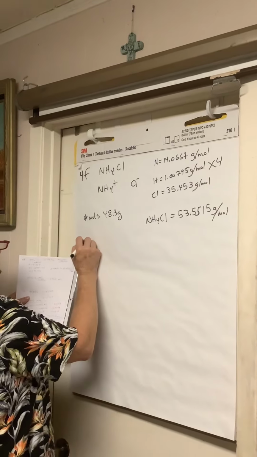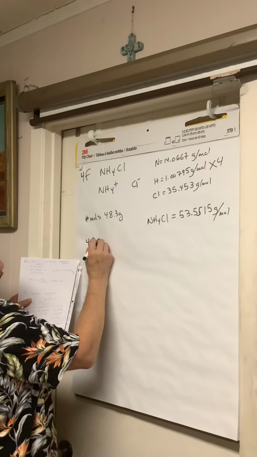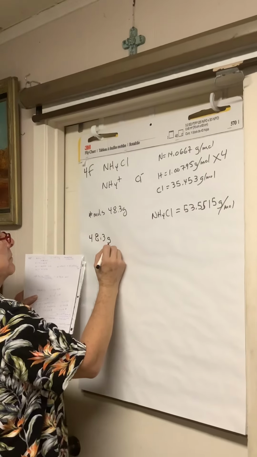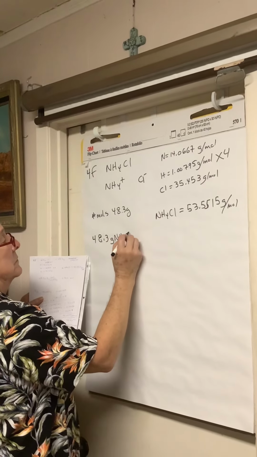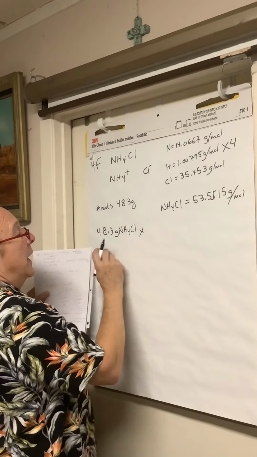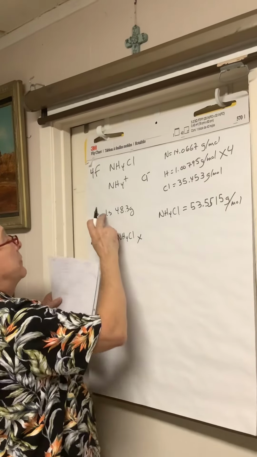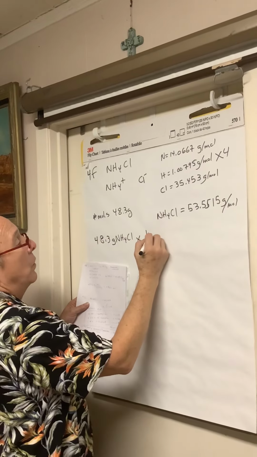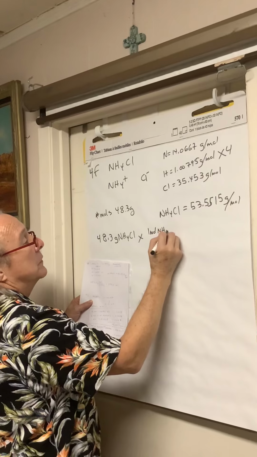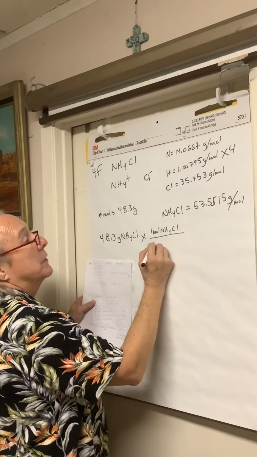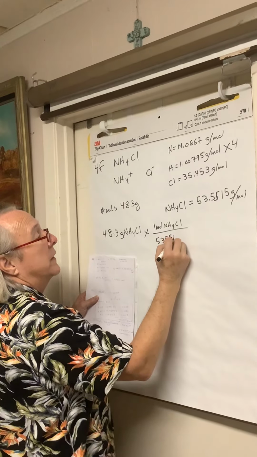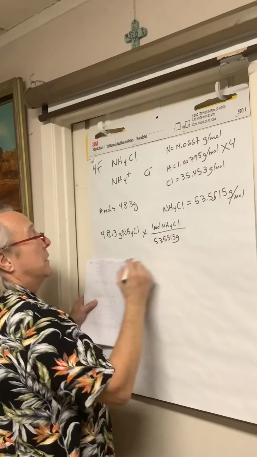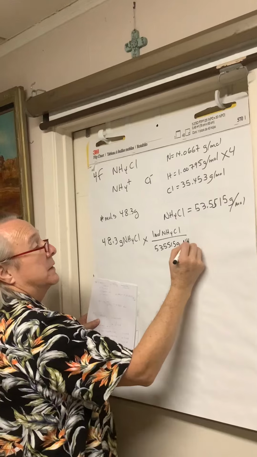Anyway, using your mole map, I have 48.3 grams of ammonium chloride, and I want to get rid of grams and have number of moles times 1 mole of ammonium chloride per 53.5515 grams of ammonium chloride.